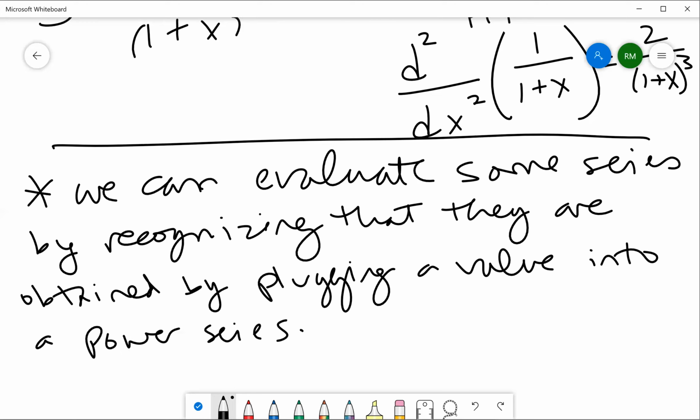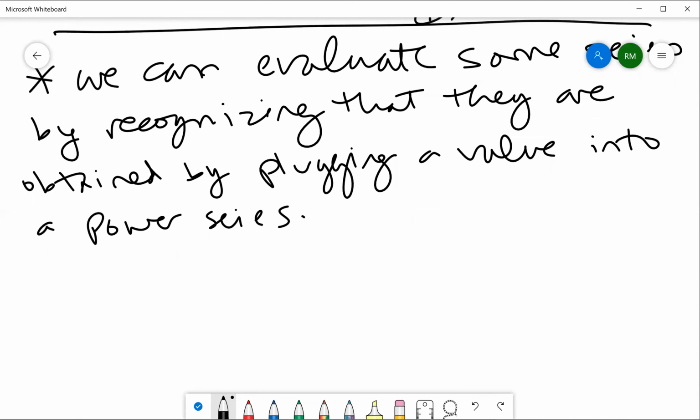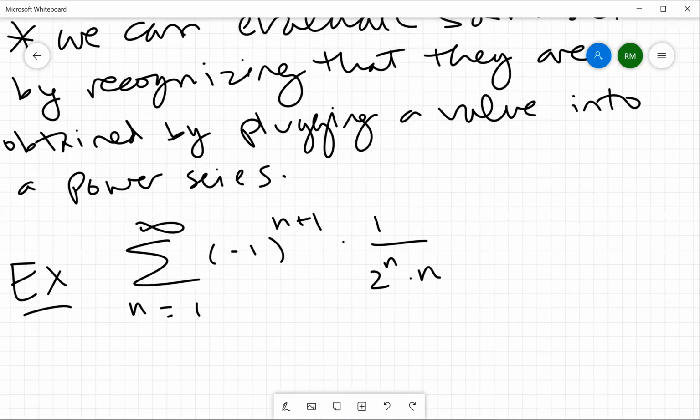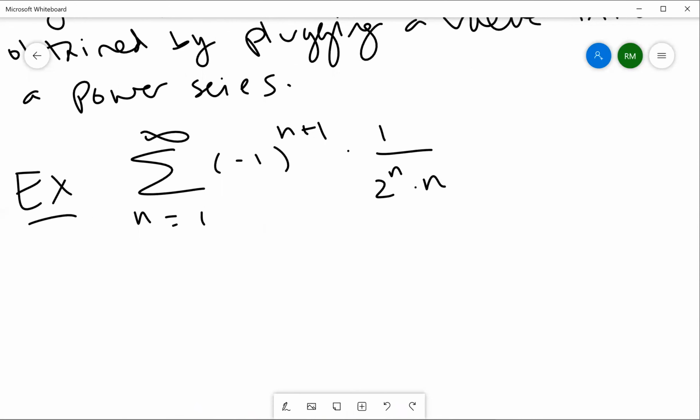Okay, so let's do an example, and I think you'll understand what I mean after I do this example. So let's look at the series sum from n equals 1 to infinity, -1 to the n plus 1 times 1 over 2 to the n times n. At first, you might be thinking, where on earth have I seen this expression before?